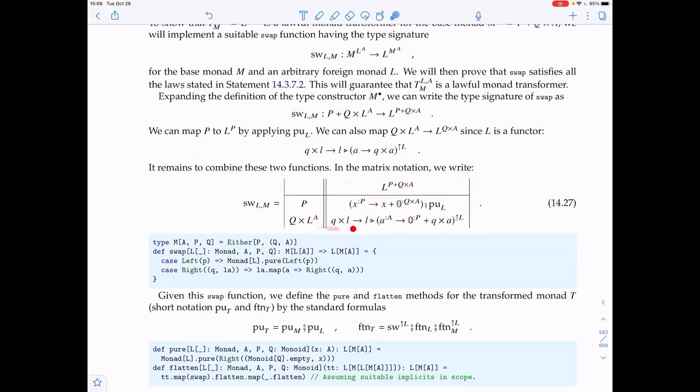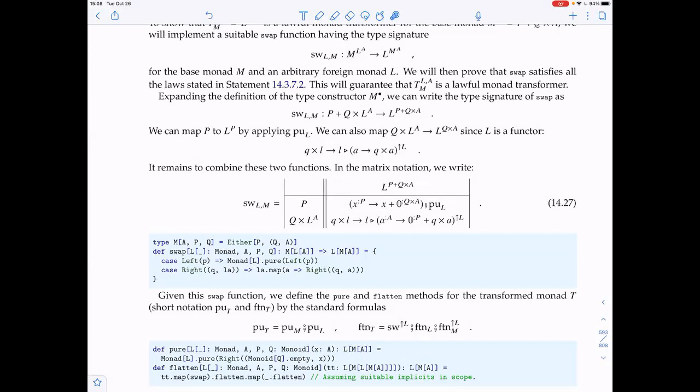So this code notation allows me to look directly at what types need to be in the inputs and what types I get in the outputs. And I don't have to write all these names, left, right, for example, and case and so on. I directly write the functions. And the advantage of this notation is also that the compositions of these functions can be computed using the usual rules for matrix composition.